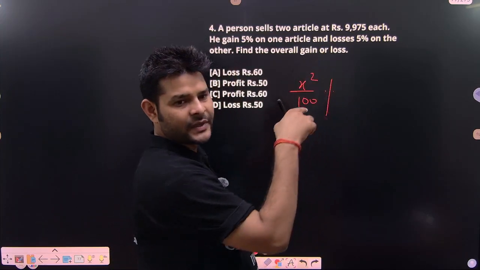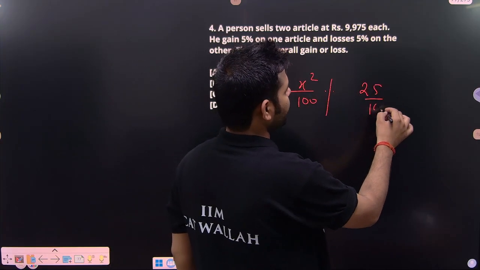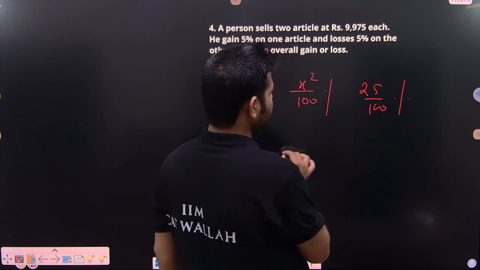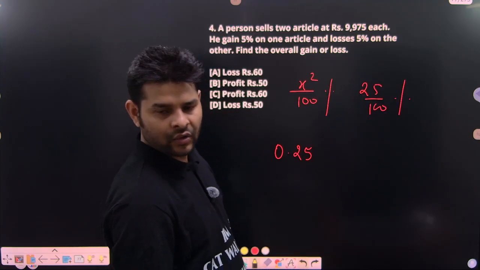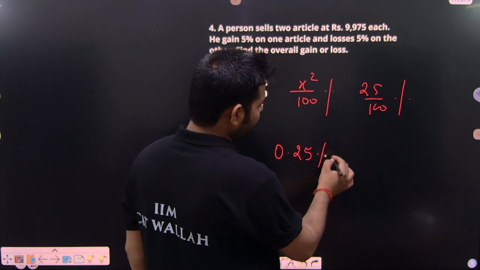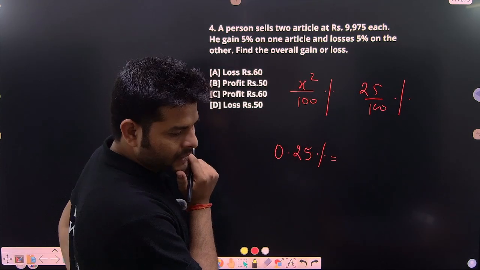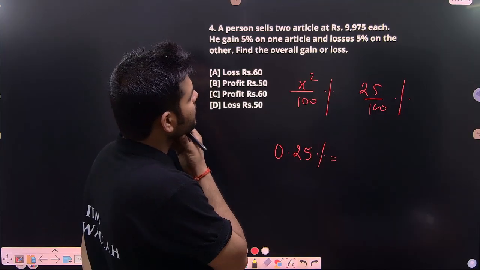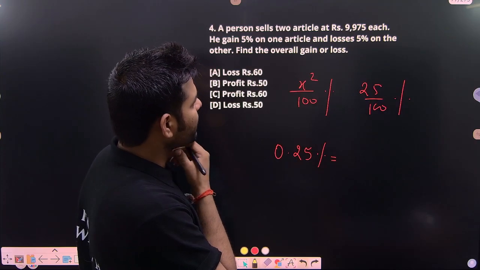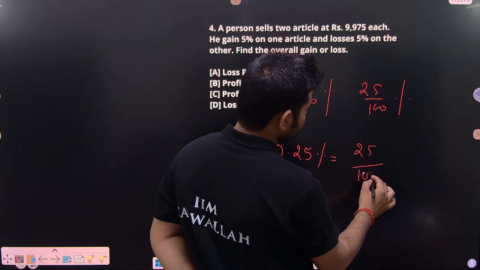So x square means 5 square, 25. So 25 upon 100 means 0.25 loss percent. If you want to calculate, it would be in fraction. That value in fraction would be 25 upon 10,000.